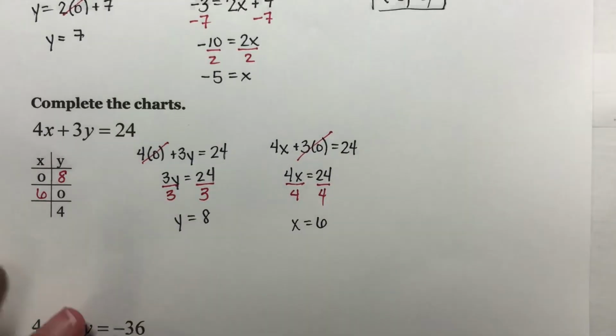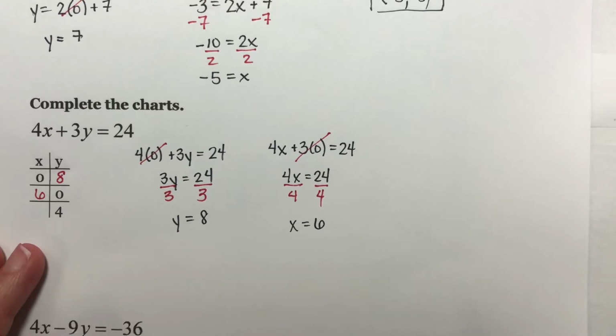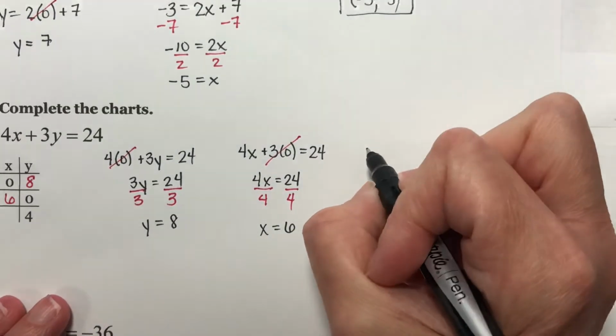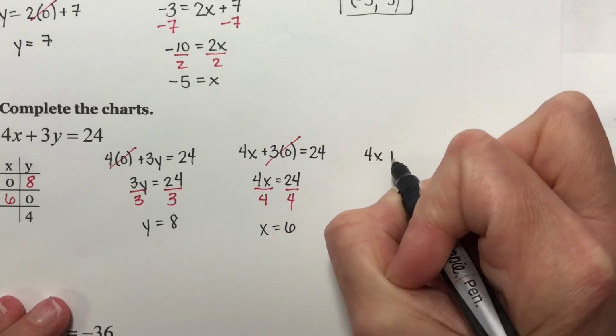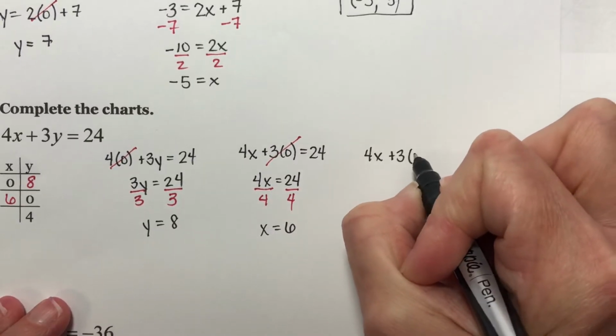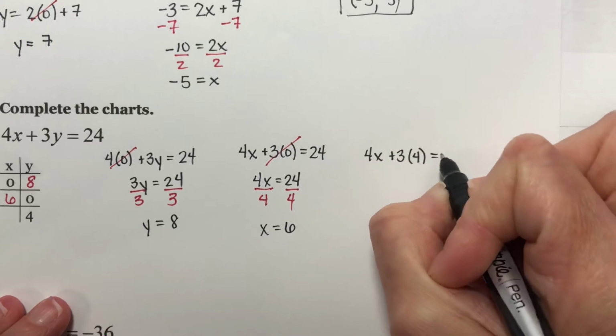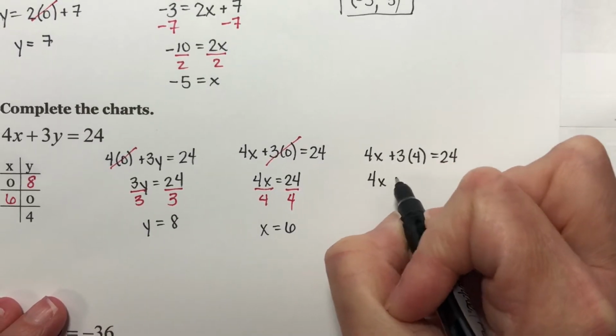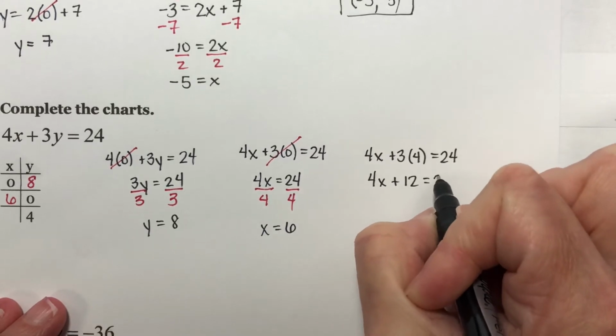Okay, let's do our final one. This time we are told that our y is 4. 4x plus 3y, and y is 4, so 3 times 4, is equal to 24. This simplifies to 4x plus 12 is equal to 24.